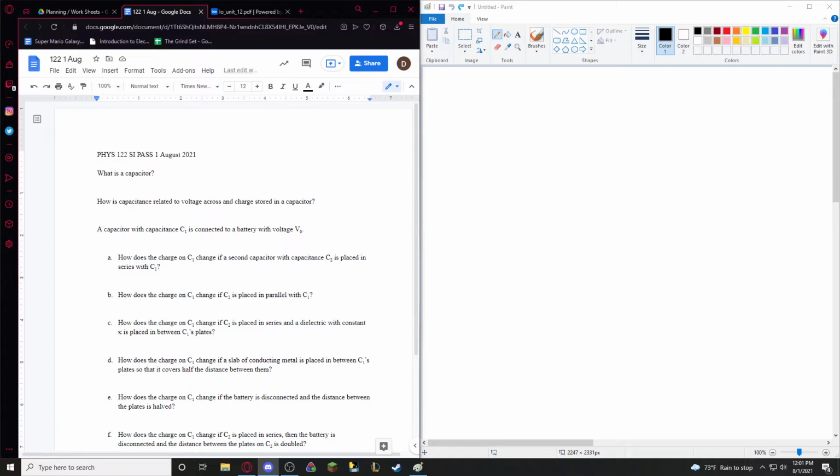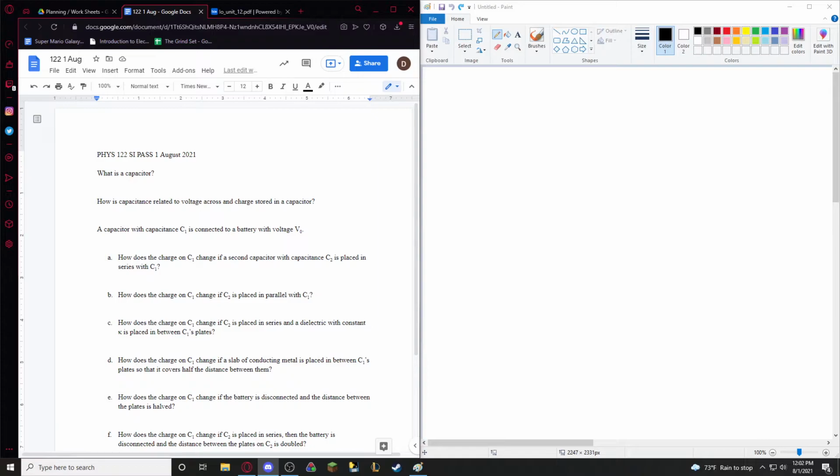So we talked about capacitance and potential and all that stuff in the last session; you had your quiz on it yesterday. Just a refresher, what is a capacitor? Well, the ability to store, I believe. That is capacitance.